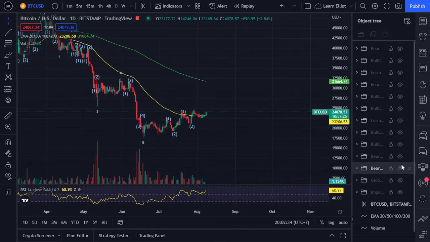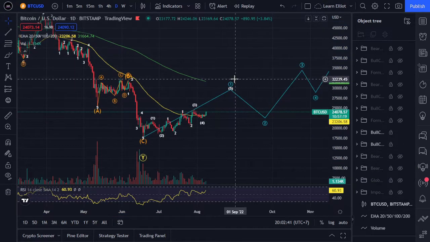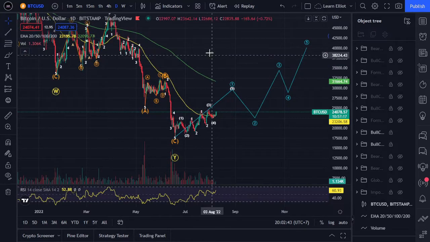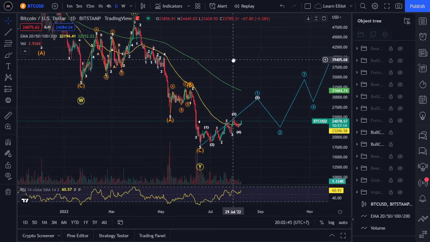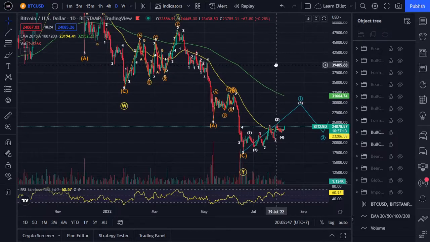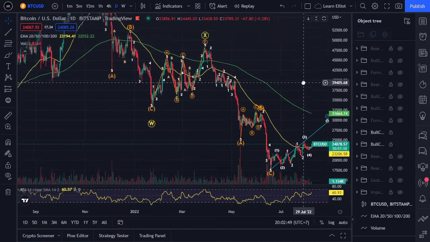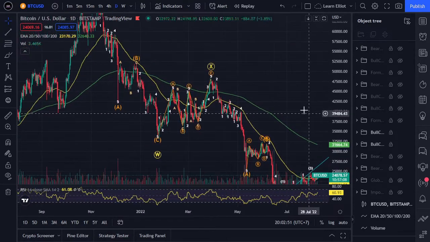Now let's take a look at the bull case scenario. While in the bear case scenario I have a triple correction wave, in the bull case scenario I only have a double correction wave, which is WXY.